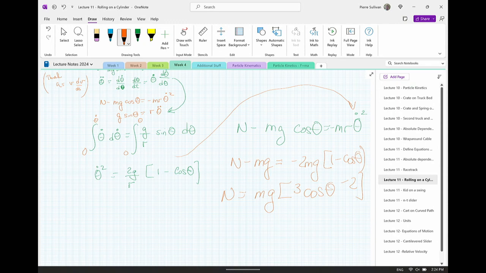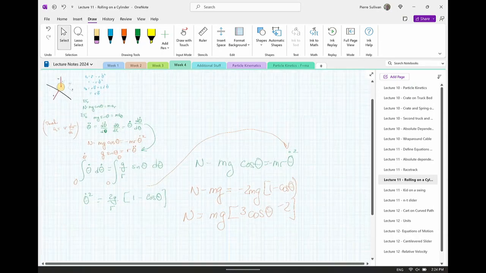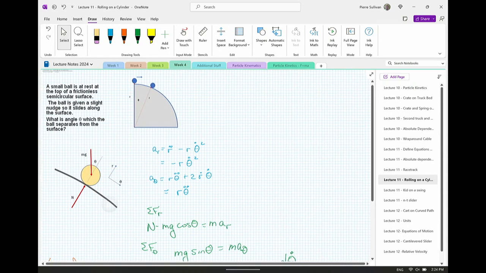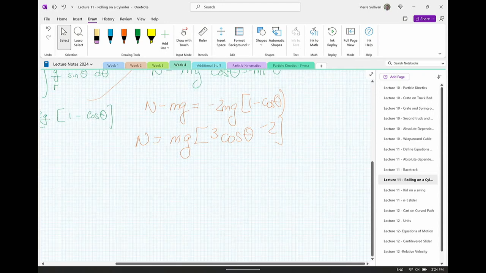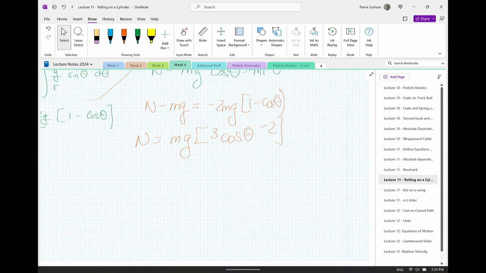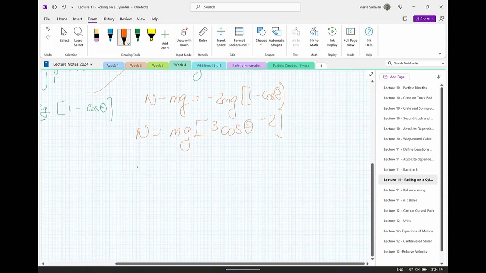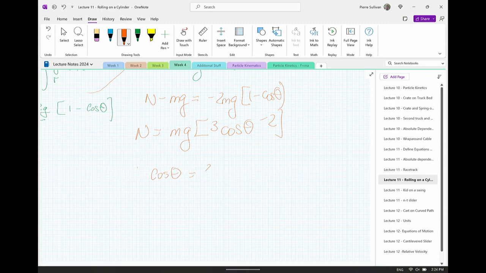And you'll notice also that I haven't really defined the weight. Or did I? I don't think I did. I don't need to. This is still sort of an idealized problem in the sense that there's no mass associated with this that I know. I don't know what the radius is, but I just know what the normal force is. And so if I calculate the normal force, it ends up being n equals mg times 3 cos theta minus 2, or cos theta equals 2/3, or theta equals 48.2 degrees.